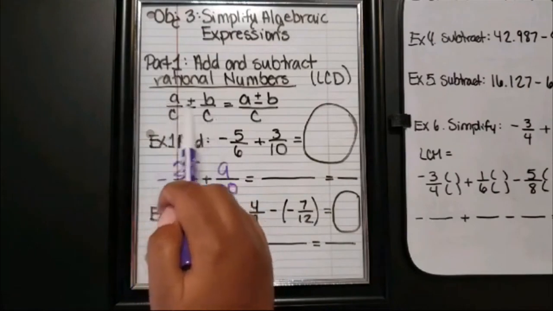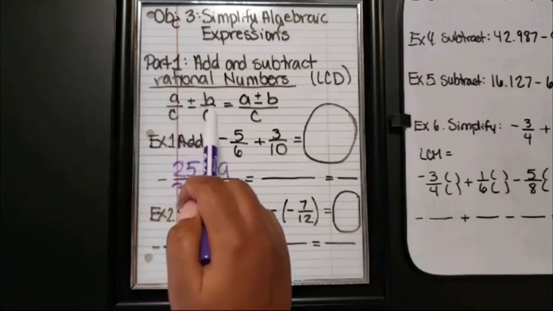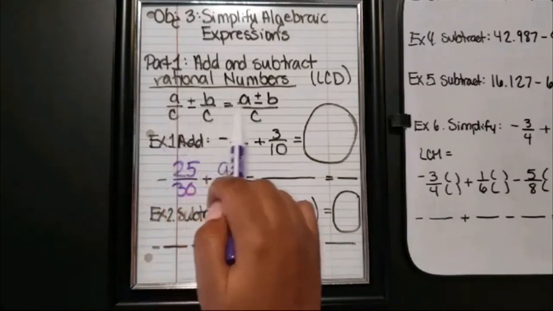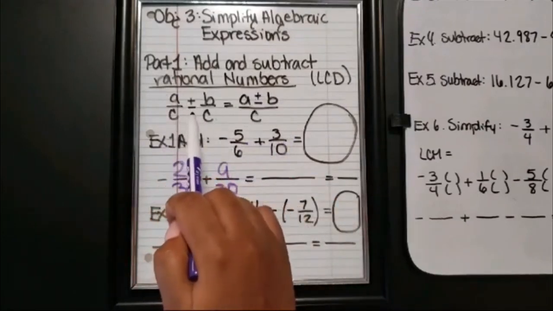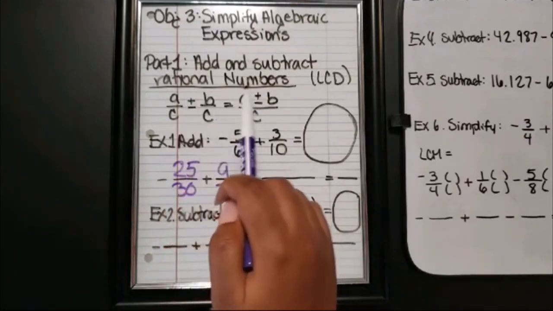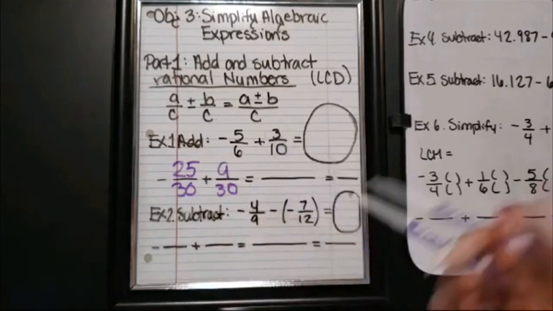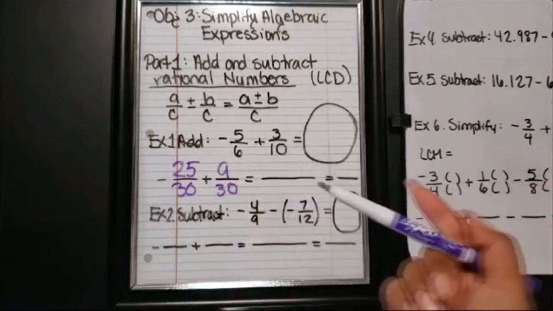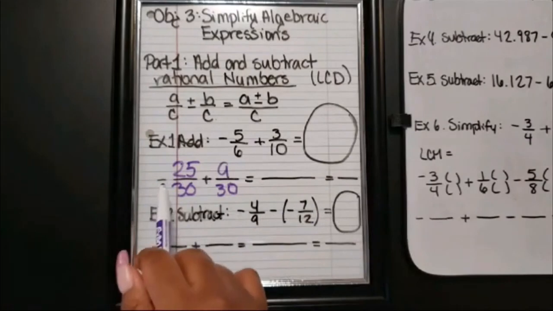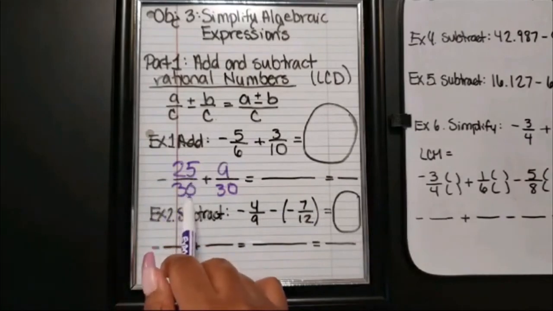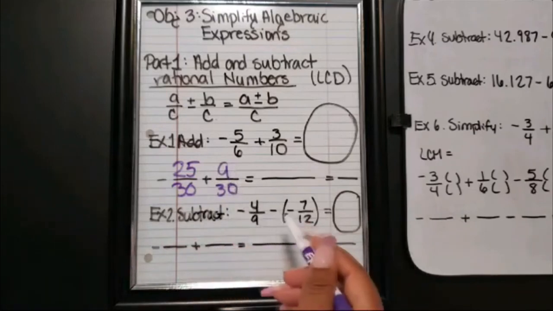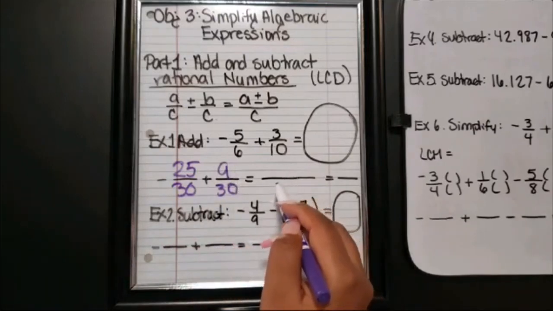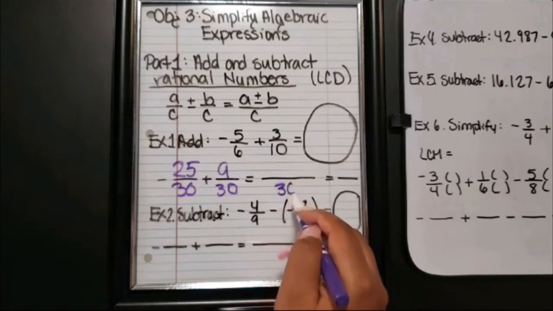All right, so here you can see that when we have that common denominator, we can just add the tops together, all right? So if this was A over C plus B over C, we would add it and get A plus B over C, all right? And the same with the subtraction. So here we have negative 25 over 30 plus 9 over 30. So our denominator will, of course, be 30.